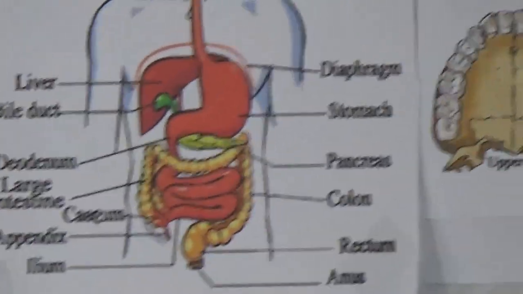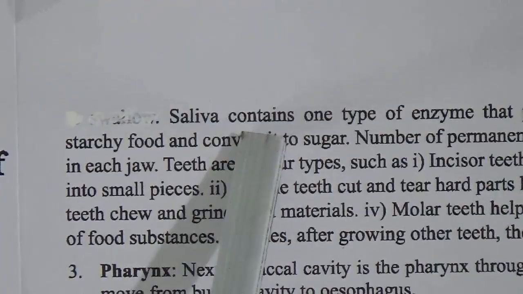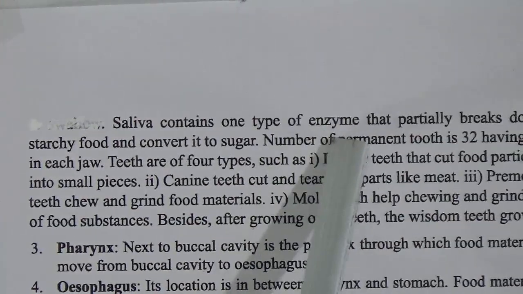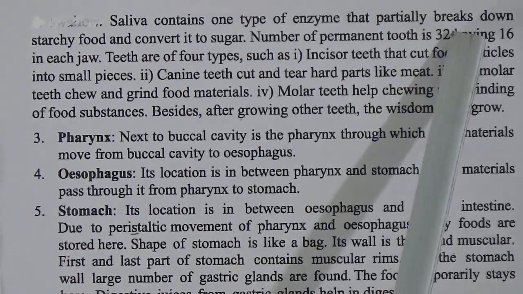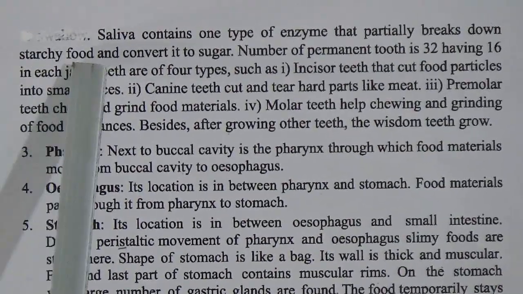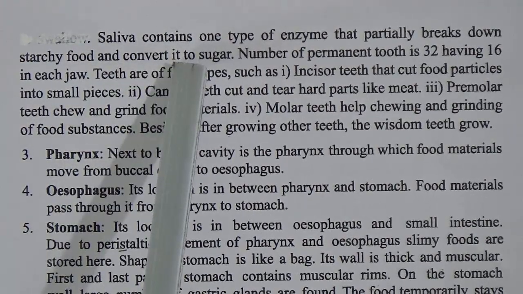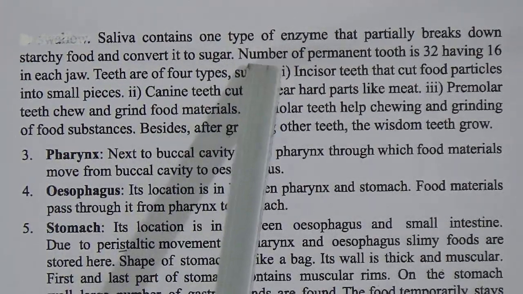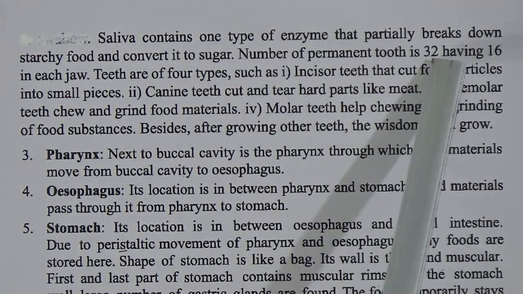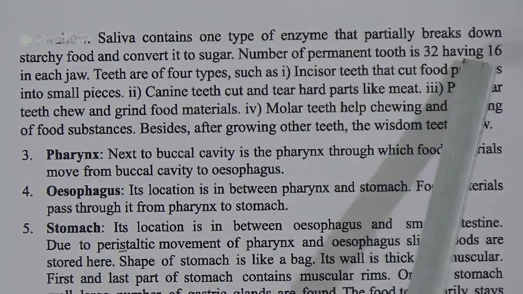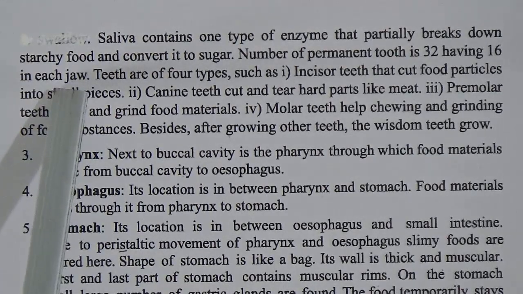Now we will discuss this. Saliva contains one type of enzyme that partially breaks down starchy food and converts it into sugar. The number of permanent teeth is 32, having 16 in each jaw.